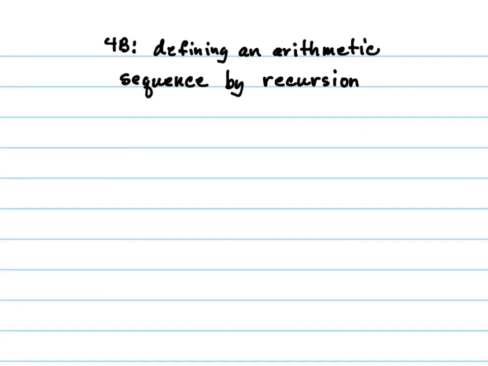Okay, so today what we're going to do is lesson 4b, defining an arithmetic sequence by recursion. Now, any sequence is an arithmetic sequence if the rule is to add or subtract.